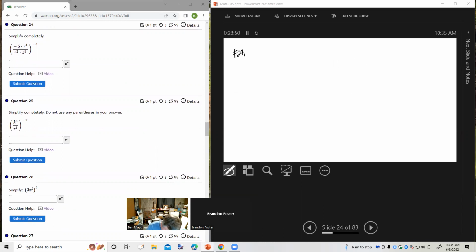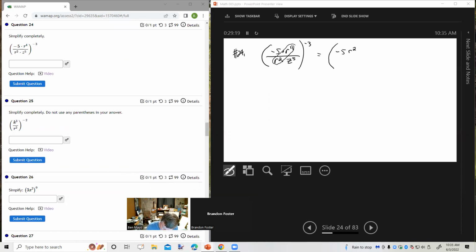Simplify completely. -5 times r to the 4th over r squared times z to the 5th, the whole thing to the -3 power. Well, inside the grouping symbol, inside the parentheses, I can take r to the 4th on top, divided by r to the 2nd on the bottom, and get r to the 4 minus 2 on top.